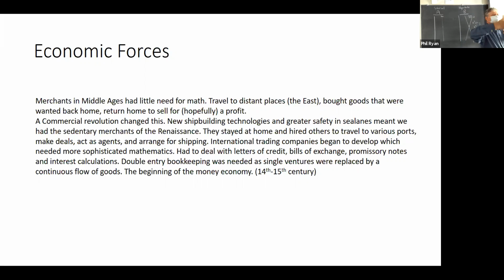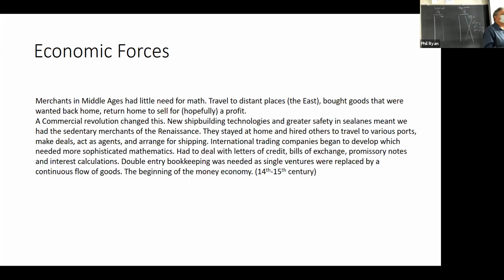You'd make deals between each other, and so you had the formation of what are basically international trading companies. Once you had that, you needed more sophisticated mathematics, so financial math became a real thing. You had letters of credit, bills of exchange, promissory notes. You had to worry about interest rates, interest calculations, exchange rates, all kinds of things.